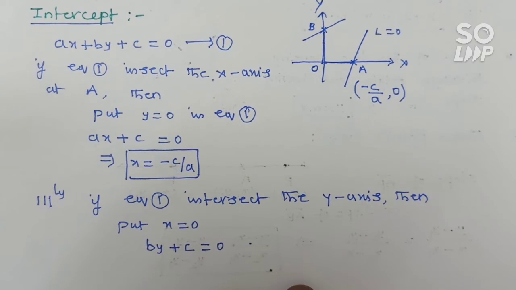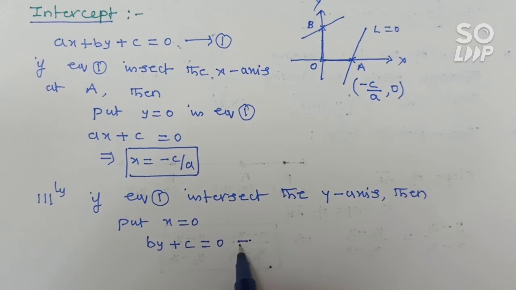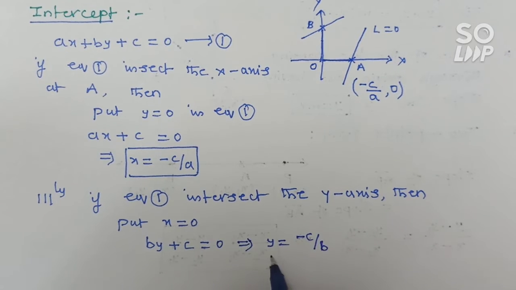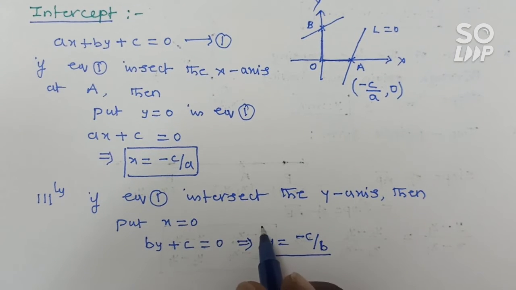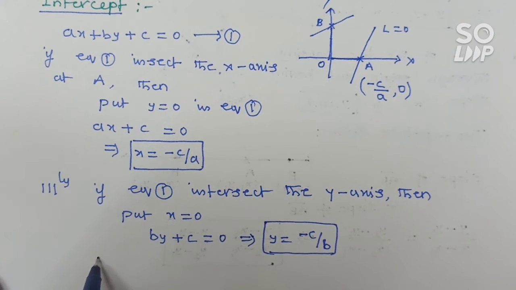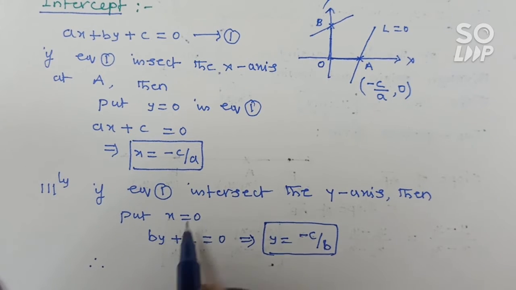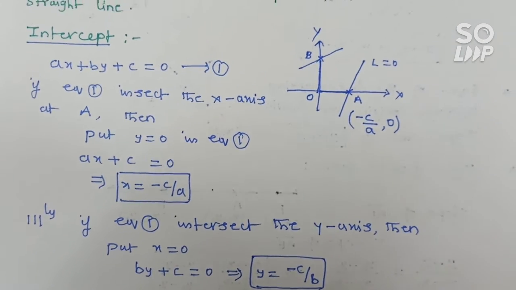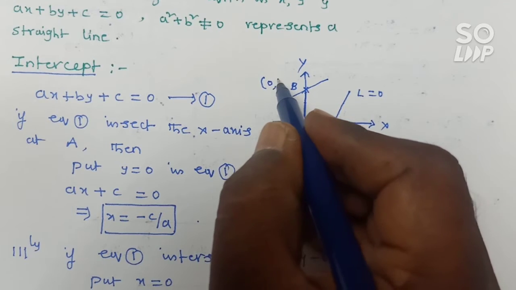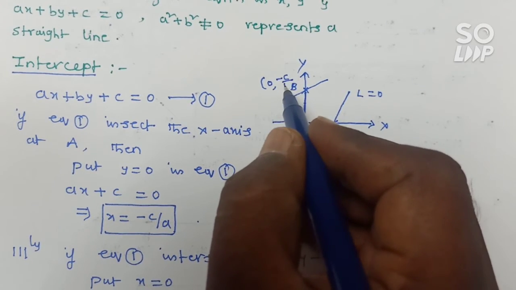From this you can write y equals minus c by b. So this is the y coordinate of the point of intersection of the line and the y-axis. Therefore the B point coordinates will be 0 comma minus c by b.